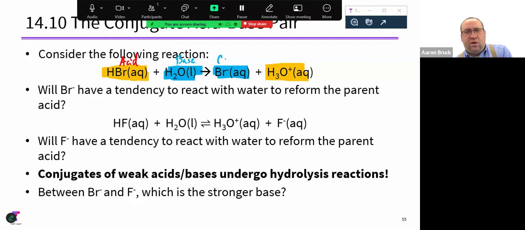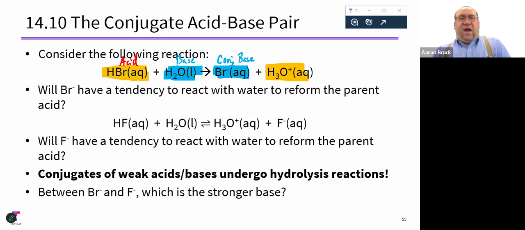So the bromide ion, having lost that hydrogen, is a conjugate base to the hydrobromic acid, meaning that it could, if prompted, act as a base and reproduce the hydrobromic acid again after undergoing that base reaction.